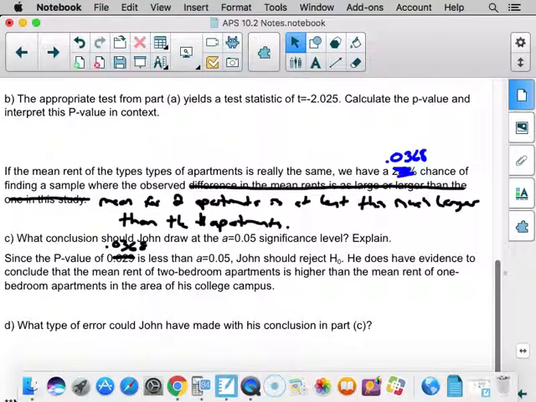What kind of error could we have made? We rejected the null. What kind of an error could that accidentally lead to? Type 1.